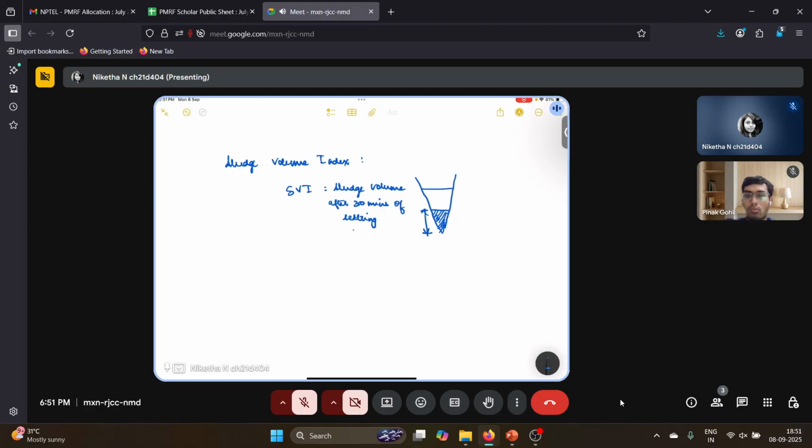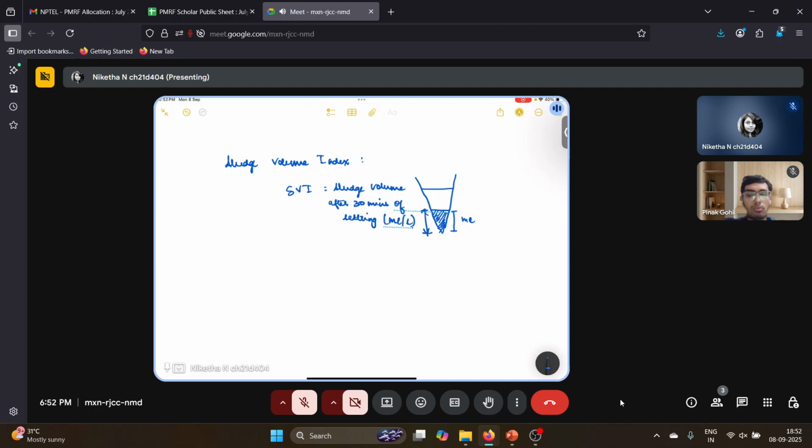Now this is in terms of ml per liter. Whatever graduation is here, that's going to be in ml. So per liter of wastewater entered, whatever volume of sludge is collected will be in ml.